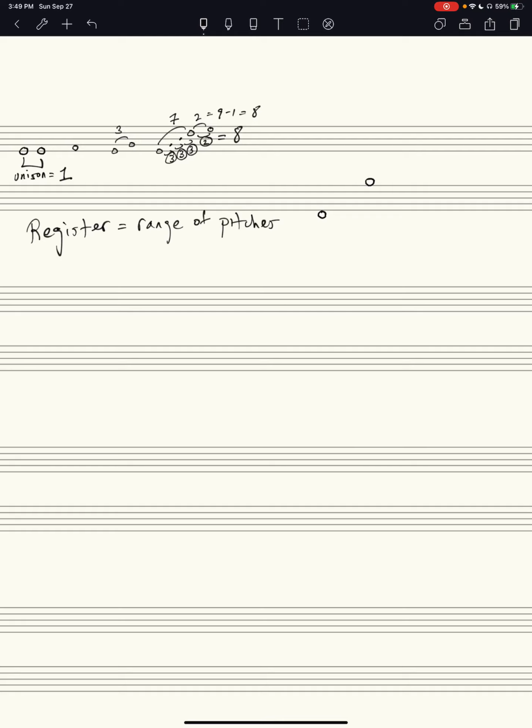So the space below the first line, all the way up to the space above the fifth line, this range, right? A range of pitches. This range is a size of 11. Please review the previous videos so that you can be clear about that, right? In other words, a set of compounded skips, correct?